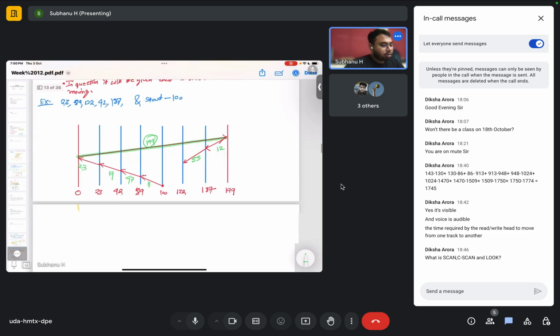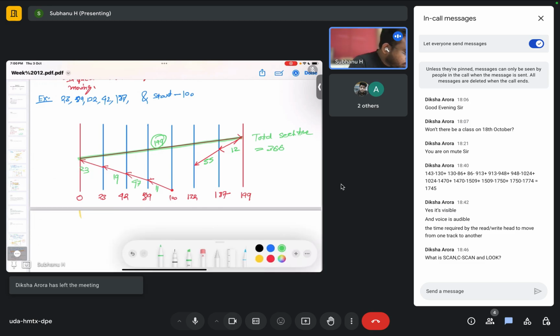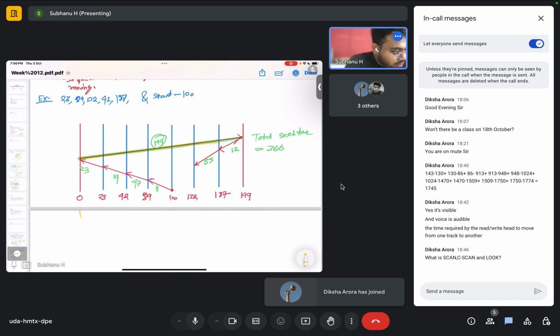So what is the total seek time? The total seek time is 366. You can see this is a very rare thing, that there is a big jump from 199 to 0 to 199.